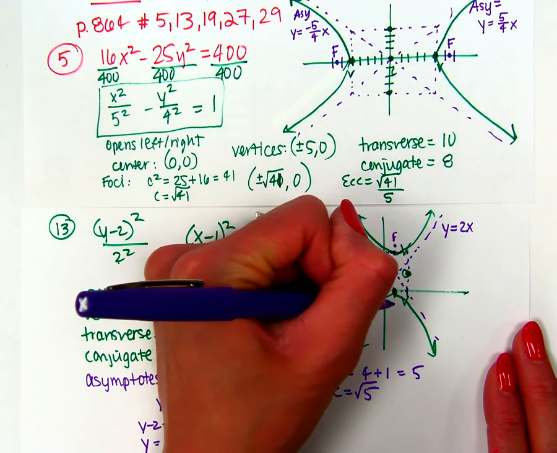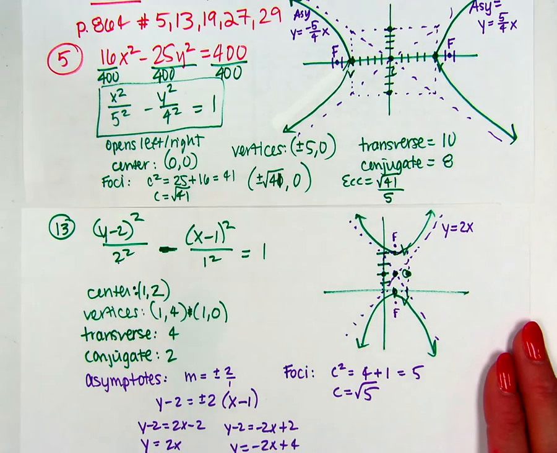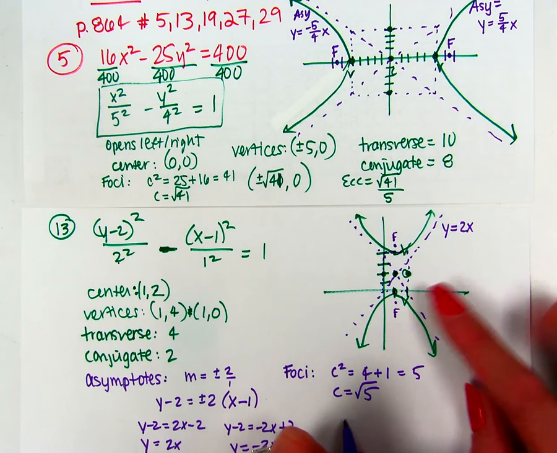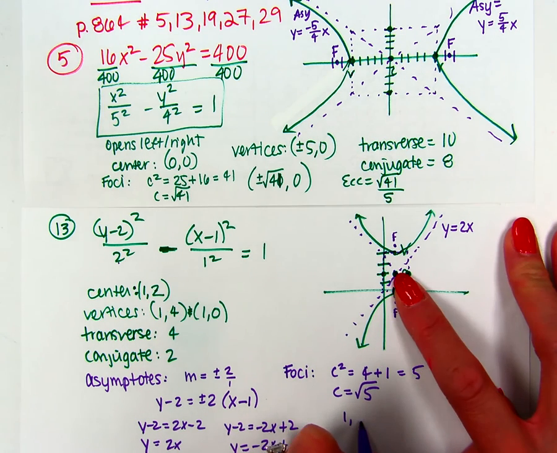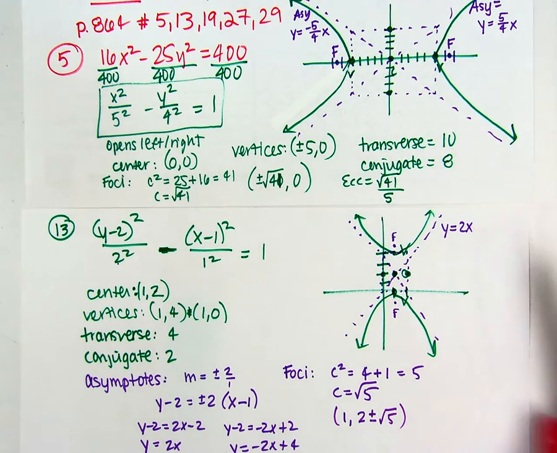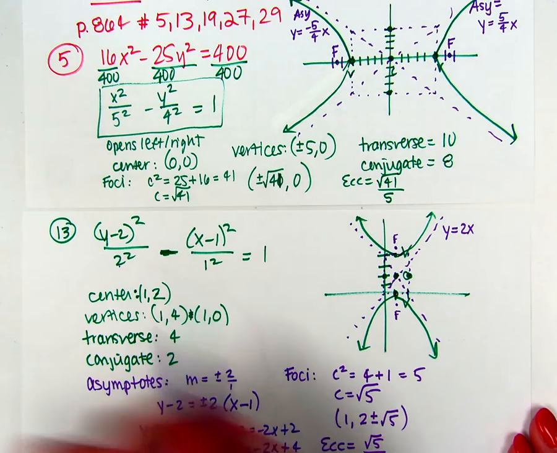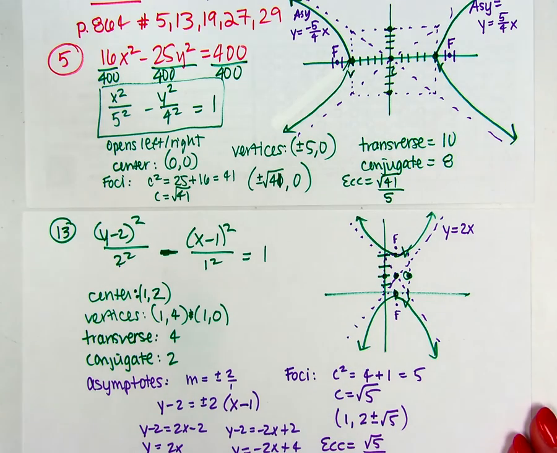There's one focal point. There's another focal point away. All right, and to give an exact location of my foci, it's at 1, comma, we started at 2, and we went up or down root 5. Okay, that's a good exact answer. And then my eccentricity, that's just c over a, so c was root 5, a is 2. Then I think I have everything indicated.